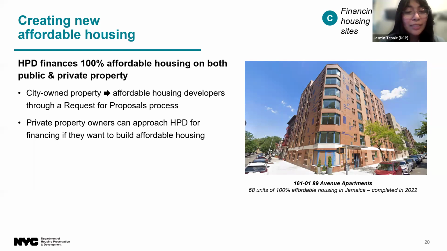But when it comes to private sites, owners need to approach HPD to finance, to essentially partner to create that affordable housing. HPD's strongest influence is over 100% affordable housing to determine program and income levels. So housing targeted to a range of different income levels.